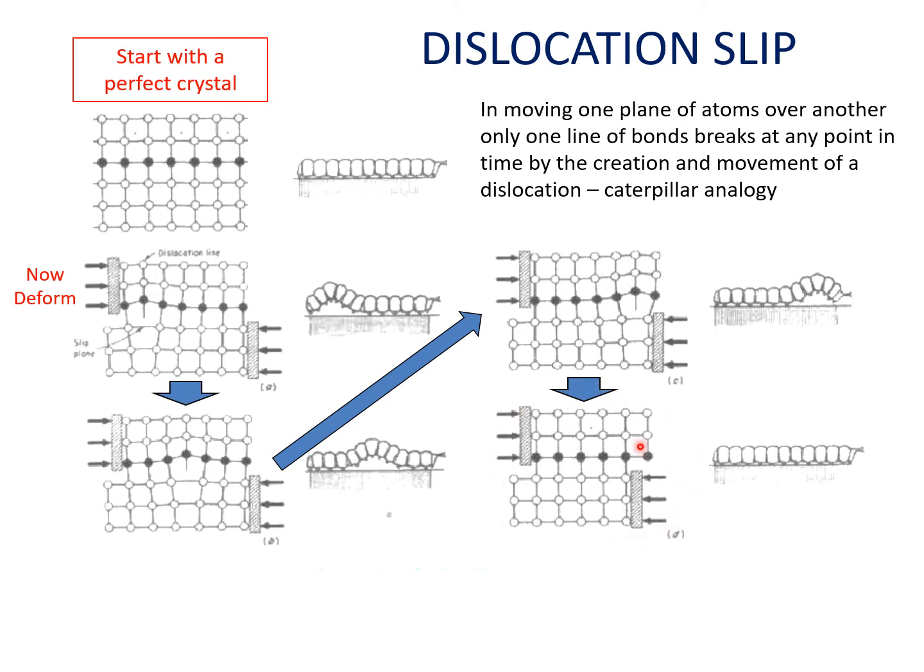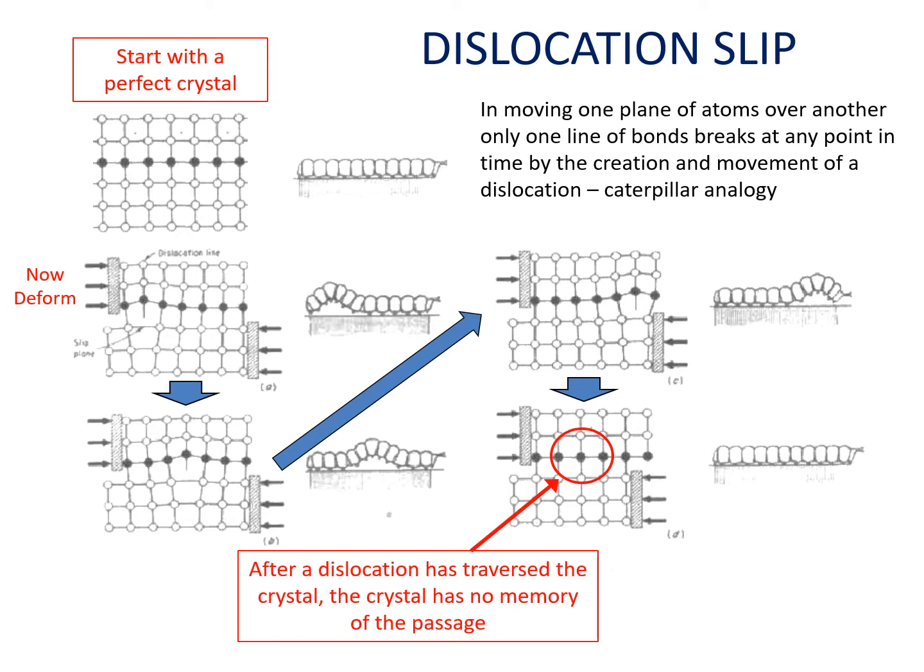But there may be some effect just by simply deforming the crystal and changing the shape of the crystal in this way, some impact on how this then fits into the remainder of the material. But for the atoms themselves at the slip plane, there's no change in orientation. So there you go.